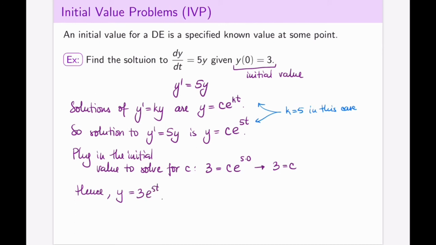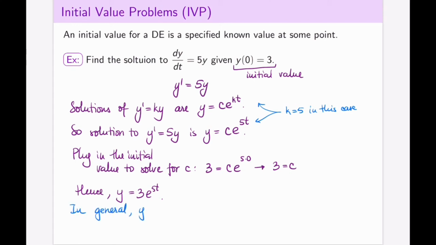And what you just noticed too is that whenever I plug in 0, this power will be 0, which means that this entire thing will be equal to 1. So I will always have that c is equal to the value at time equals 0, which is why in general we actually have a notation for it.